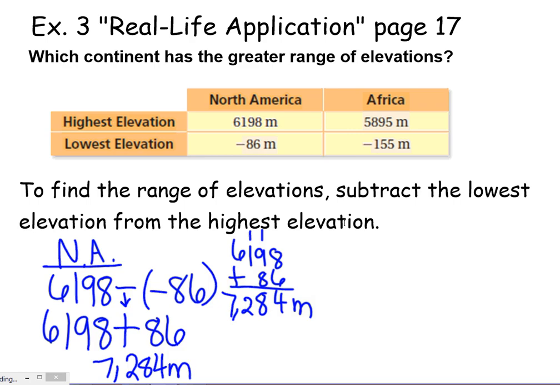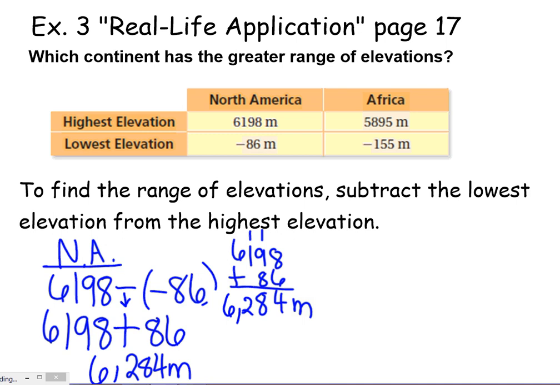Now we're going to do the same procedure for Africa. Oops, I think I made a mistake. I'm sorry. When I looked back and double checked my work, this was 14, that's 18, that became 2. I did not carry over, so it's actually 6,284. I hope you caught my mistake.